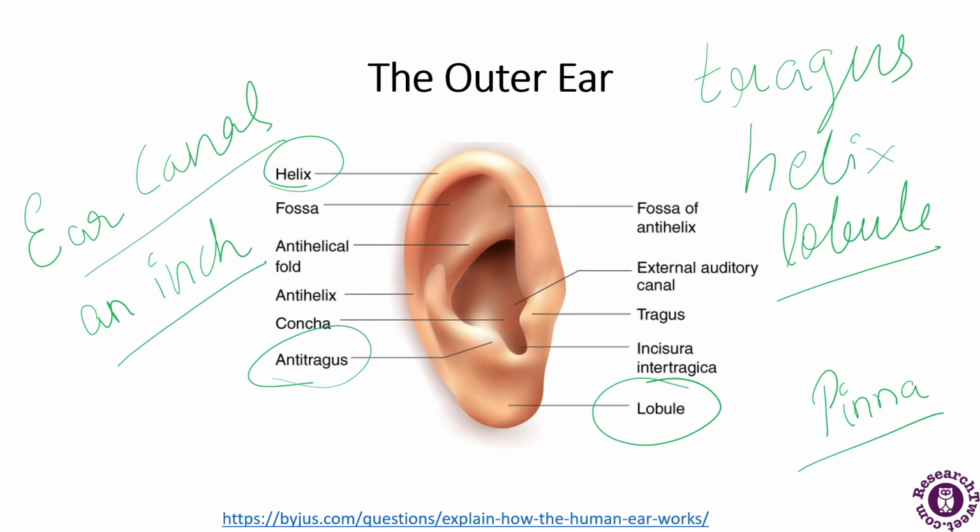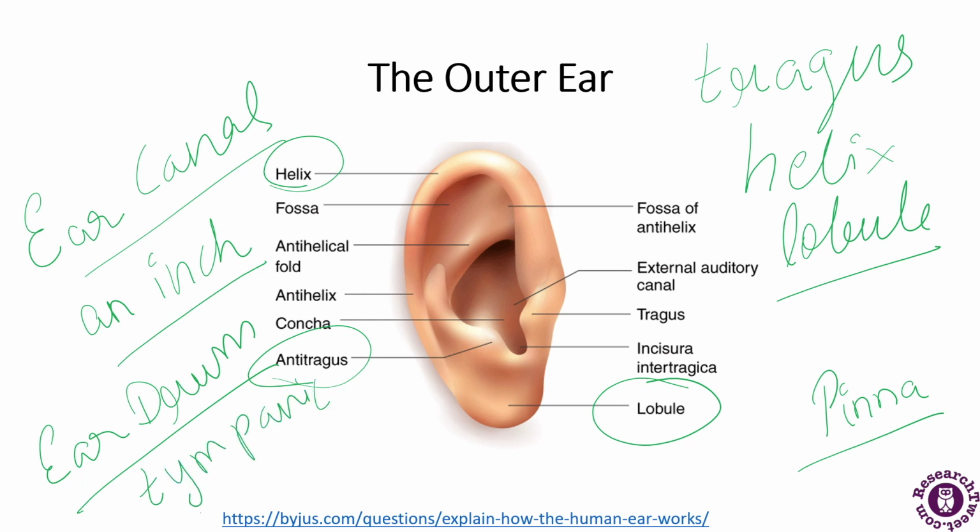Now, what is the eardrum? In medical terms, the eardrum is known as the tympanic membrane, and its size remains the same in the newborn baby and in the adult.